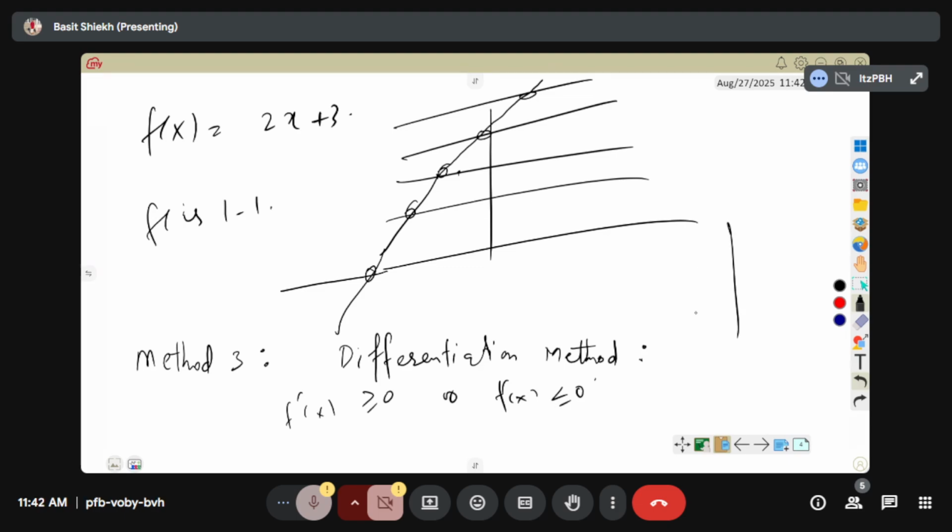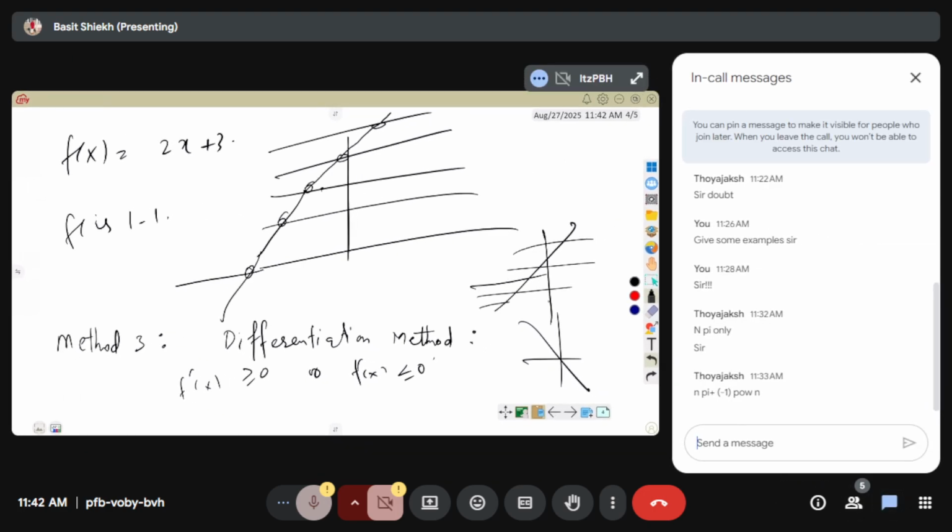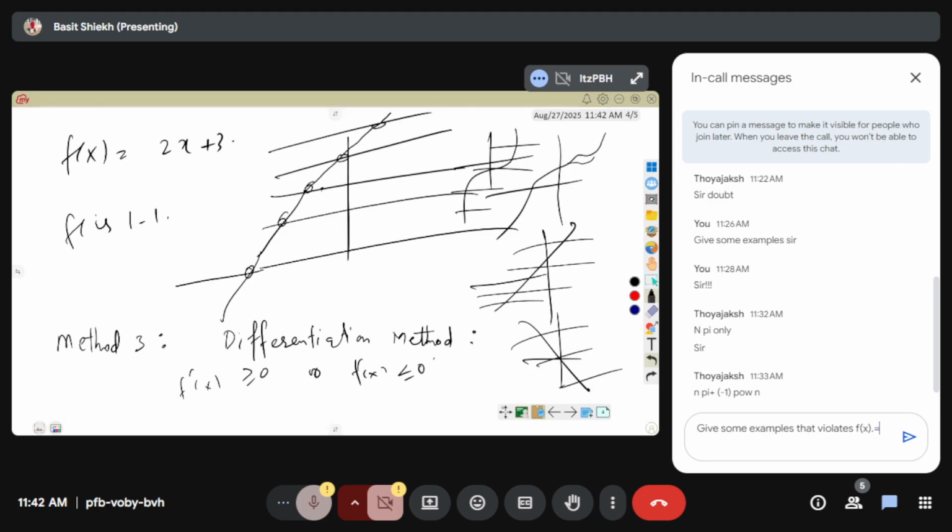It means the function is going like this or like this. So no line will touch my graph at more than one point. So it is clearly one-one.